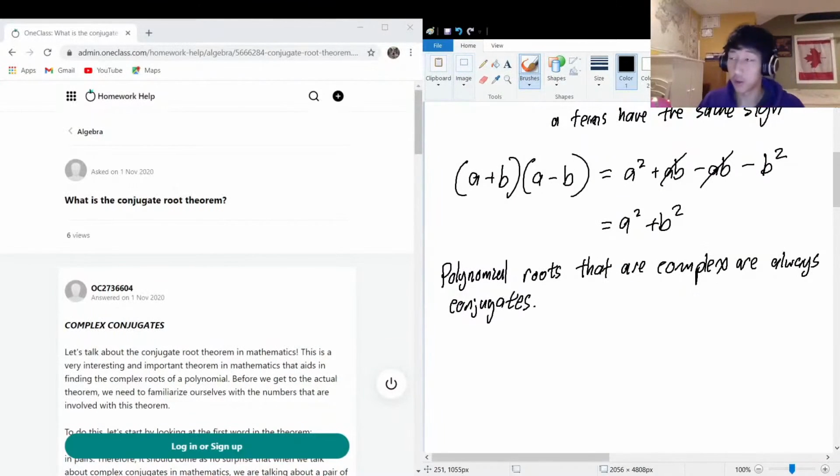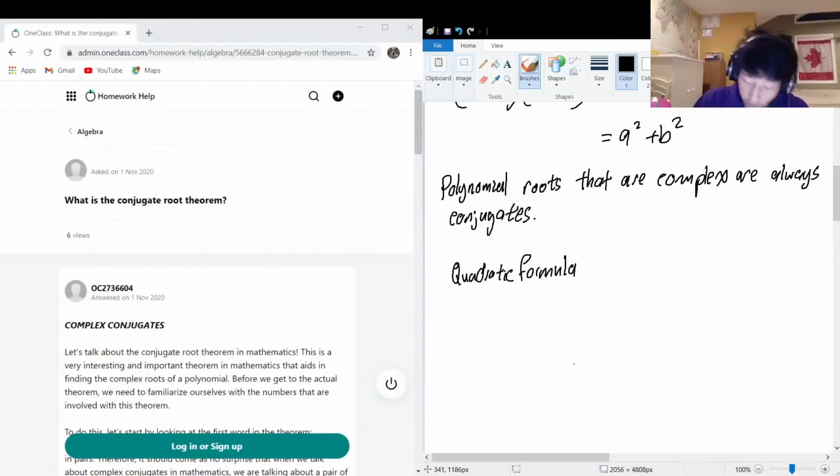Okay, so we all know and love the quadratic formula. The quadratic formula is used to find the roots. And our roots could look a little something like this. We have x equals... wait, it's not b squared.